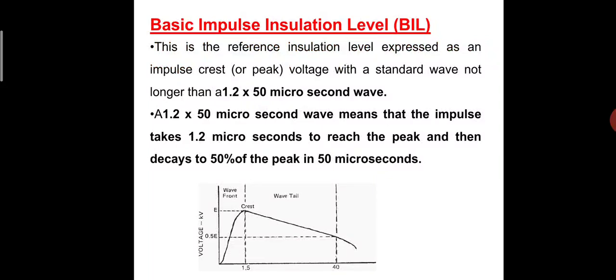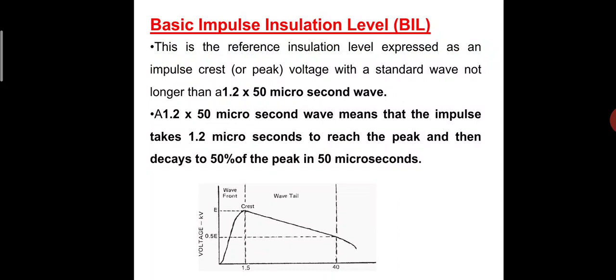Next one, basic impulse insulation level. This is the reference insulation level expressed as an impulse crest or peak voltage with a standard wave not longer than 1.2 by 50 microsecond wave.